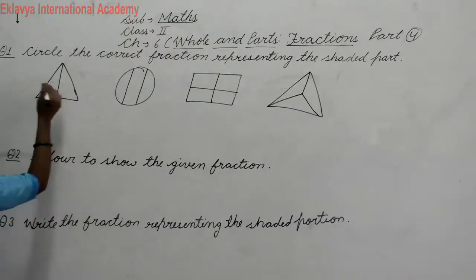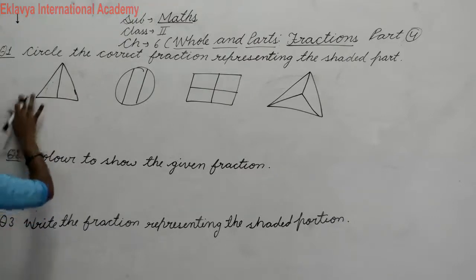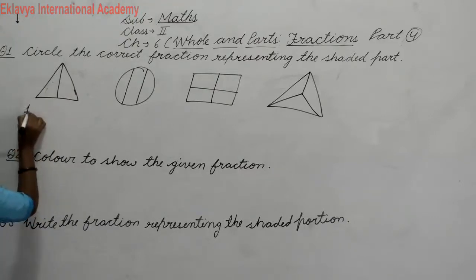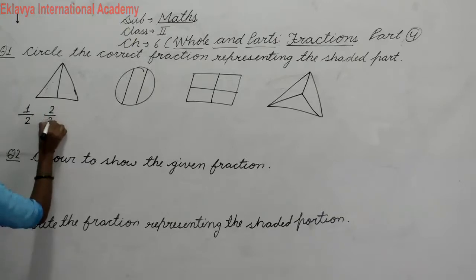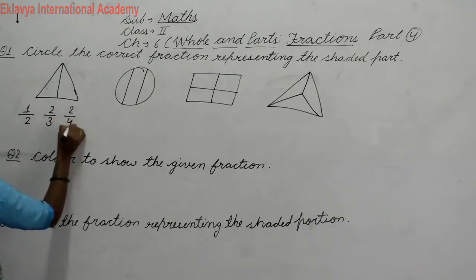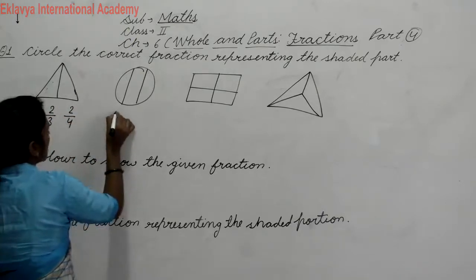I write this fraction. Suppose I write that type, and that type. Here also I write like this type.